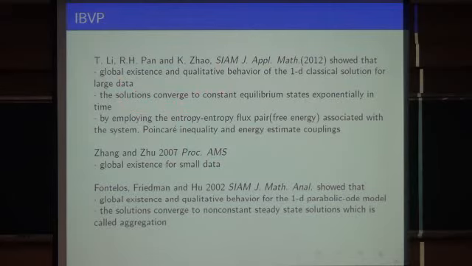We did this work, and there are other previous works. This paper worked on the original system, and in this paper, we work on the transformed system. This is the original system.